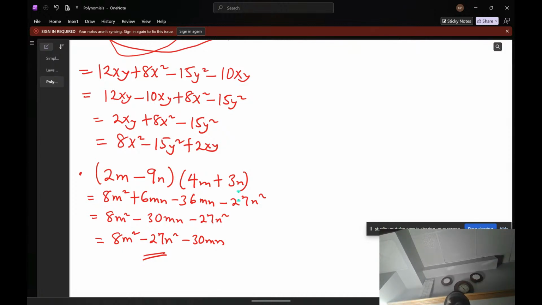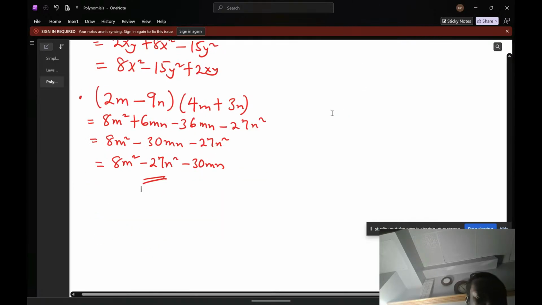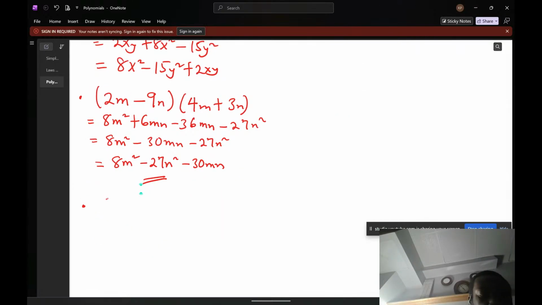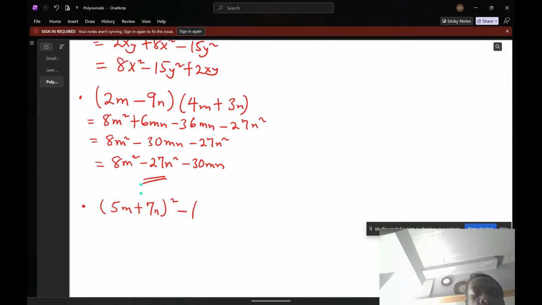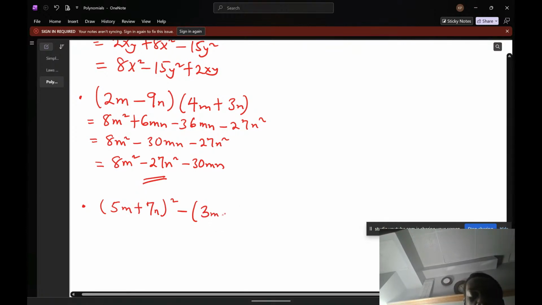So now I want to do something that is a little more bogus. Okay. So let's say we have 5m plus 7n squared minus 3m plus 10n squared.